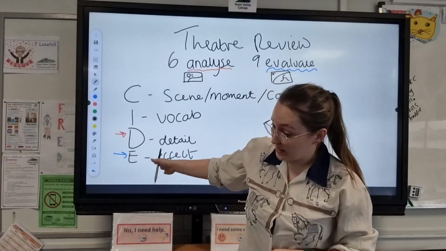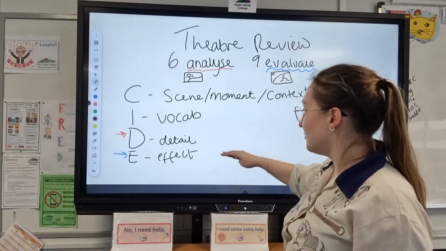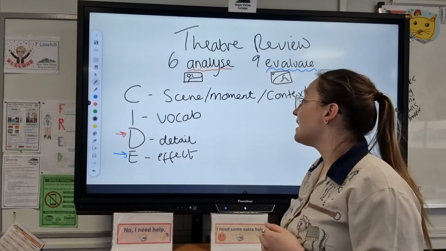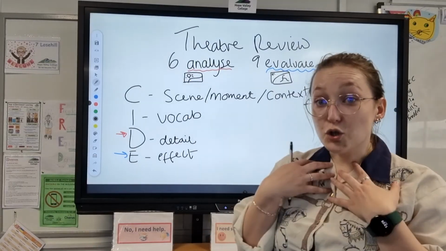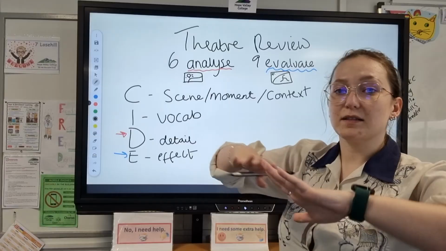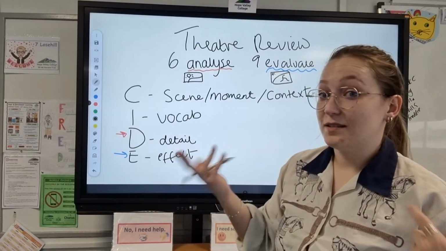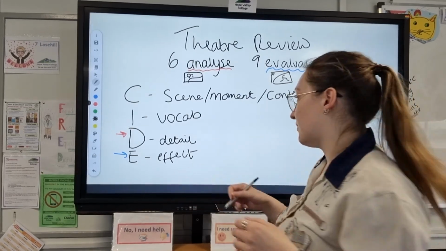Remember as well with this, you should have the director's name written down in your notes, so you can reference the director and their vision in there if you know that. And you're saying if it was effective or not. That can be your opinion and the opinions of the audience as a whole. You can also say if those opinions differ. So the audience laughed, however I found it cheesy, could be an example of that.